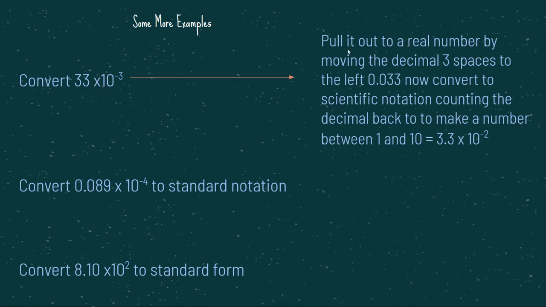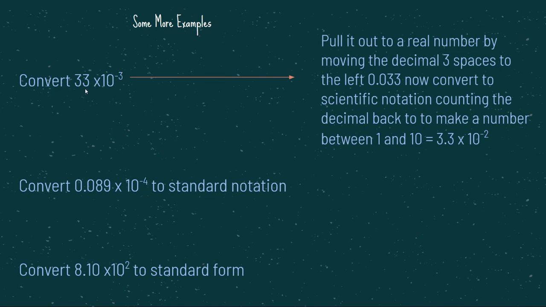So what you want to do is pull this out into a real number so you can see the decimals and all the spaces. So how I did that was I said this negative 3 represents 3 decimal places. It's negative, so my decimal places have to move to the left. Even though there's not a decimal here, that's where the decimal would be because it's showing 33 as a whole number.